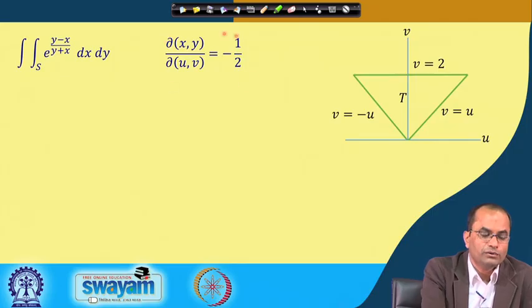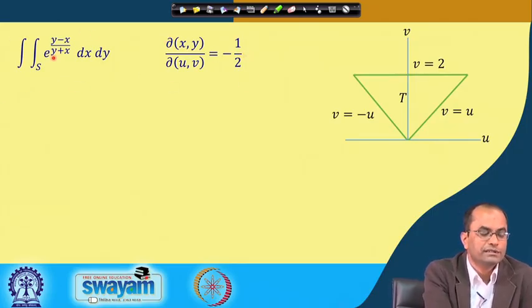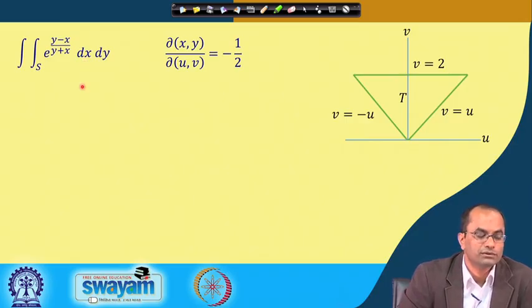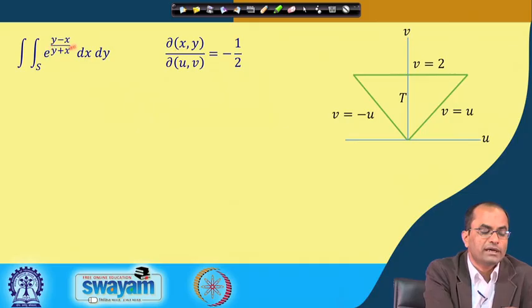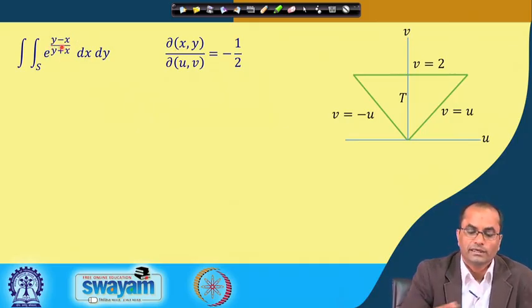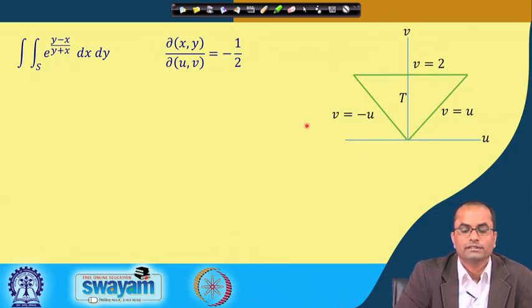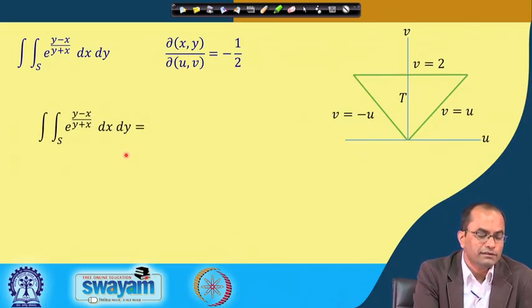So, remember the Jacobian was minus half, and we are going to compute this integral e power y minus x over y plus x dx dy, and our substitution was y minus x was u and y plus x was v, and this is the new domain given in terms of v and u. So, having this integral, we can now substitute, this was u and this was v.